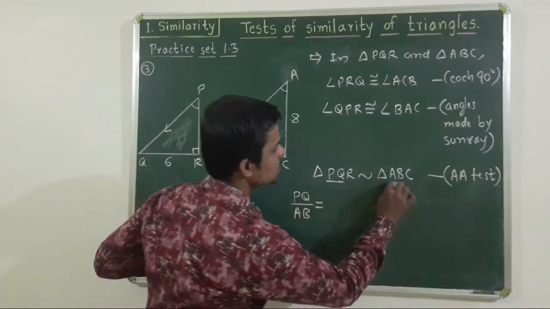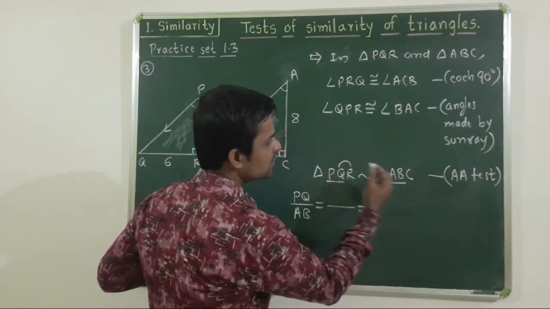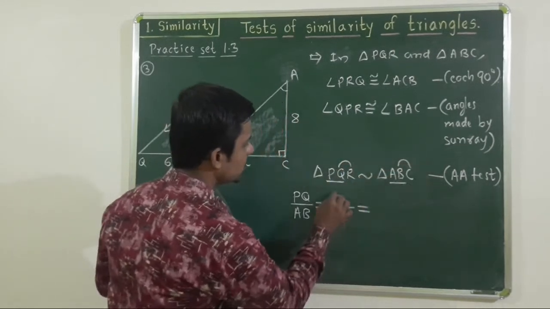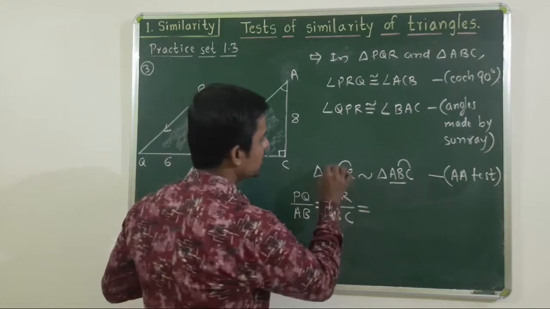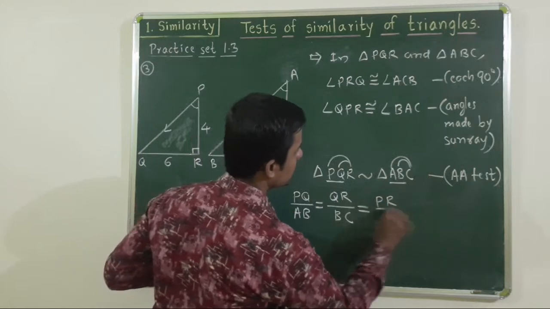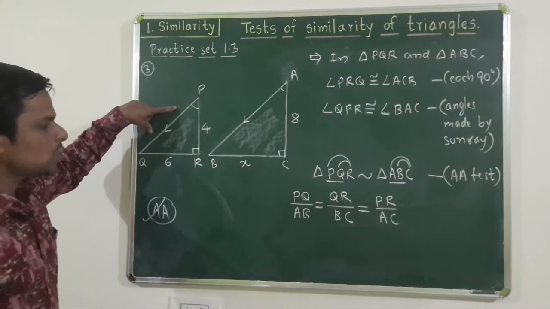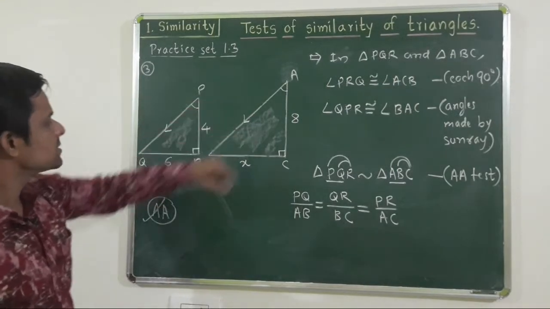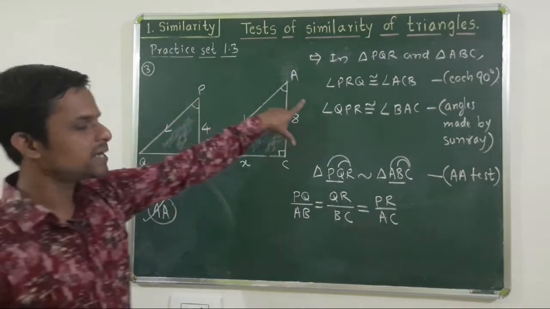First two letters, then second and third, that is QR upon BC, and first and third, that is PR upon AC. Now check whether these three pairs are correct. PQ upon AB is equal to QR upon BC is equal to PR upon AC.